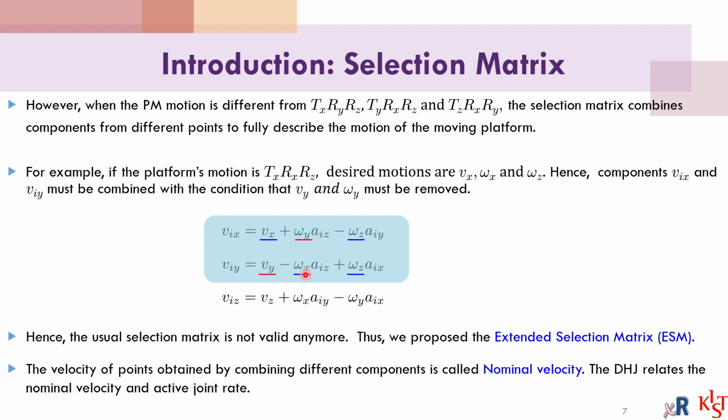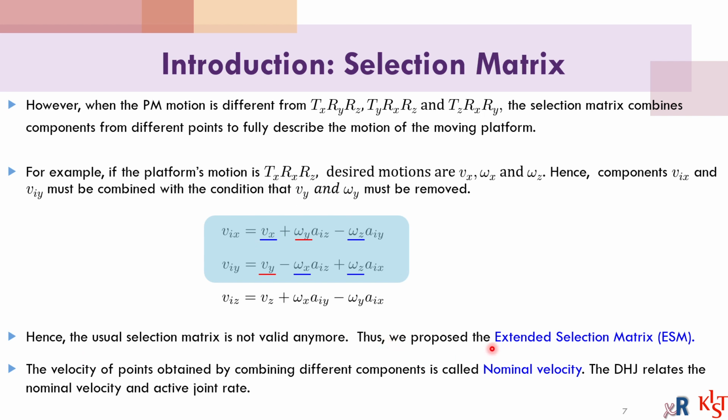Viy component comprises only Wx and Wz. So by combining Vix and Viy, we can fully represent the motion of the moving plate with a linear velocity, with a condition that removes Wy and Wz from the system. Hence, the usual selection matrix in this case is not valid anymore.